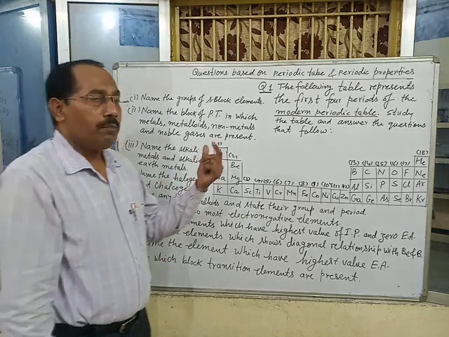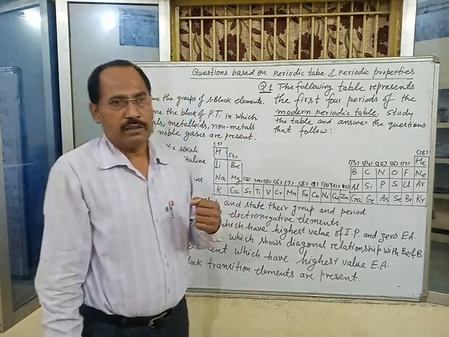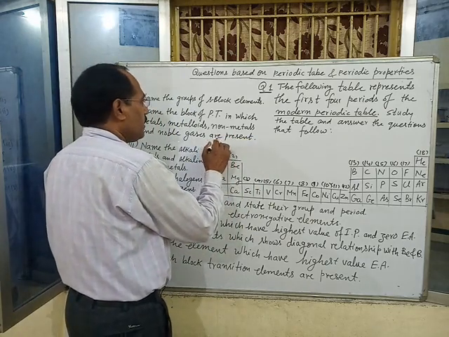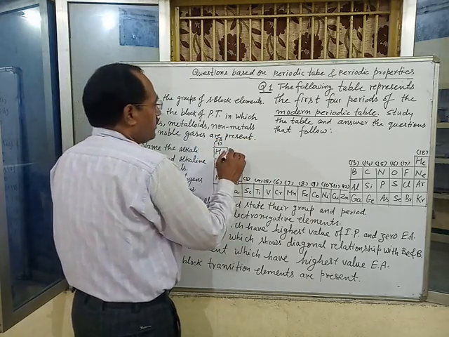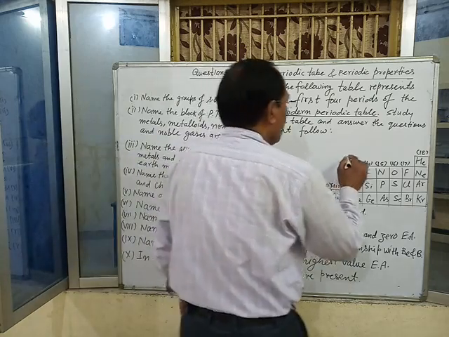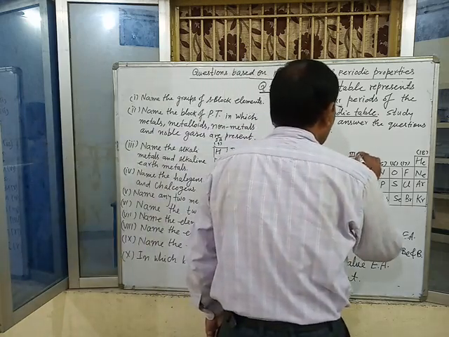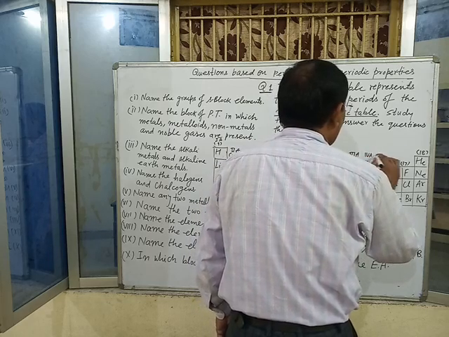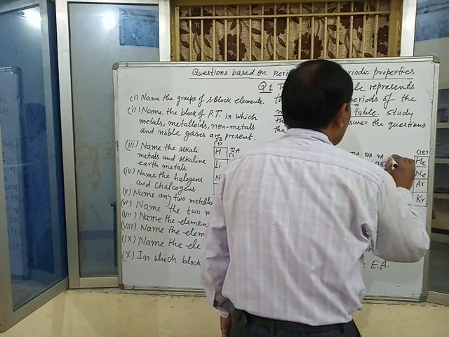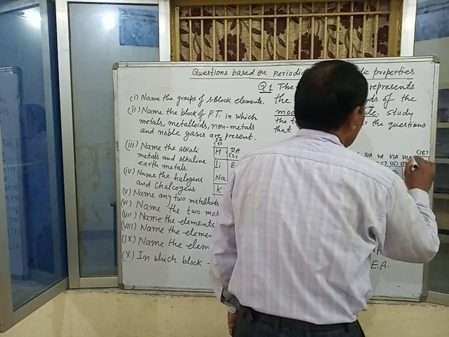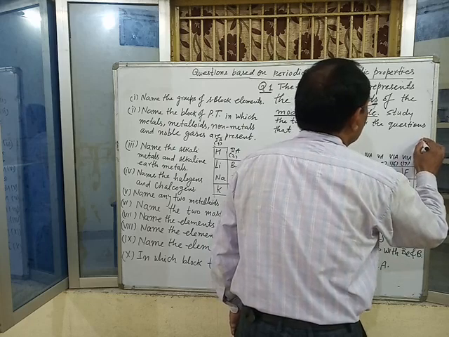But in case of Bohr's periodic table, groups are named as first A, second A, third A, fourth A, fifth A, sixth A, seventh A, and 0.